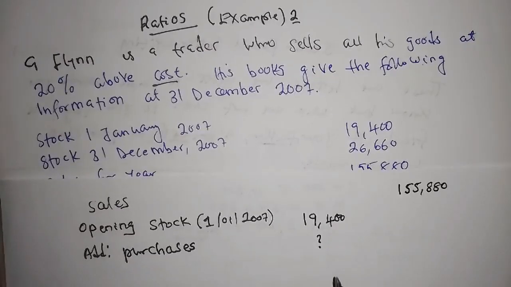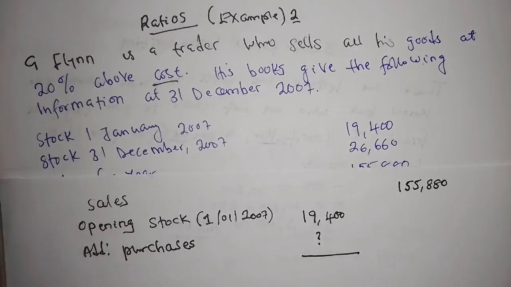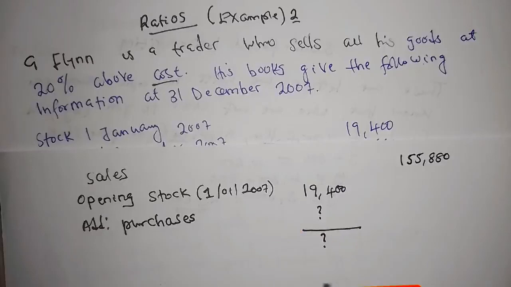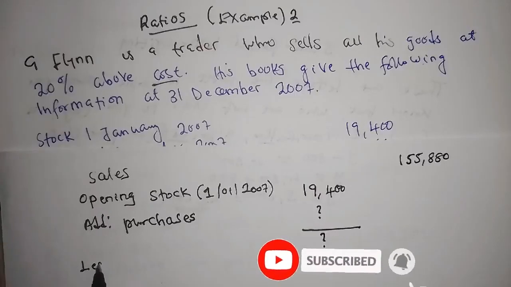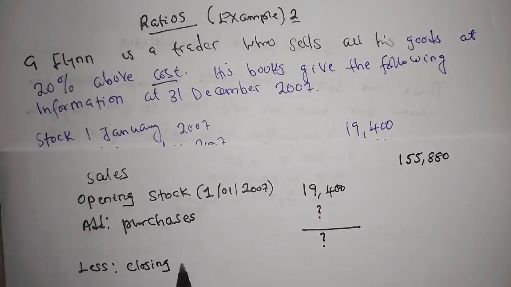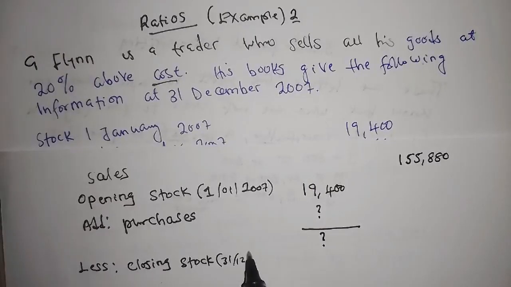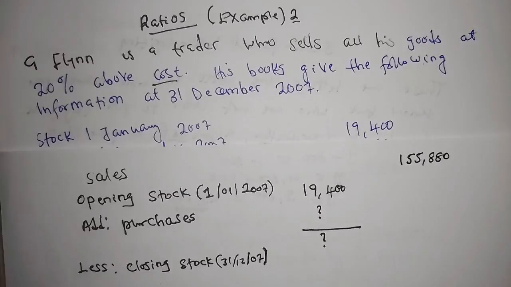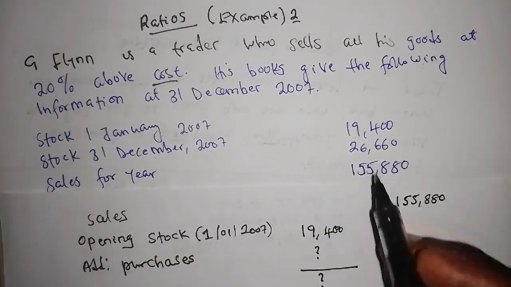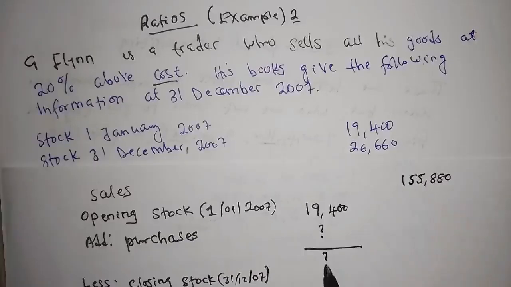Then you're going to get a value, and since we don't know this, we also put a question mark there. Then you say less closing stock, the 31st December 2007, and we have this value.